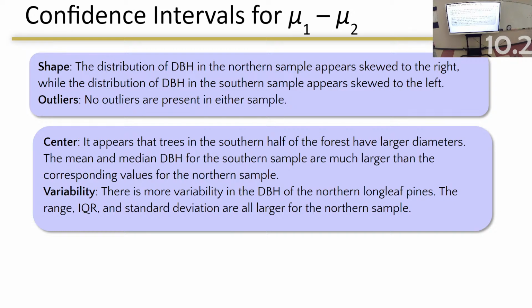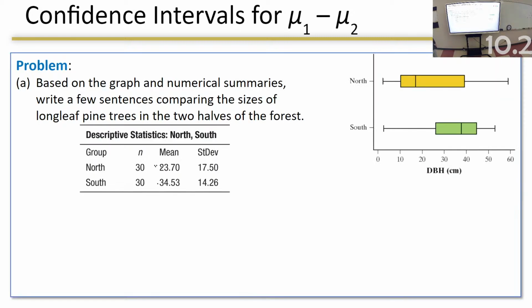Variability: there's more variability in the northern than the southern because the range, the IQR and the standard deviation are all larger. You really only need to compare one. Let's go back. Here's the range from min to max. It's larger here than this, not by much. The IQR comes from the box, and this one is larger than this one.